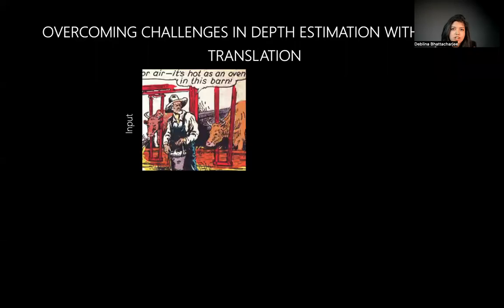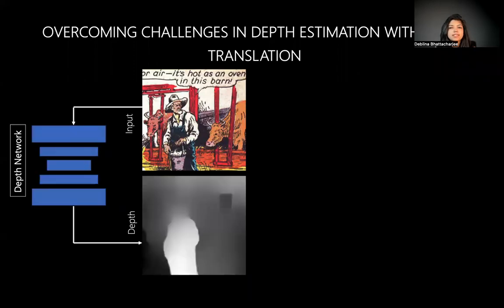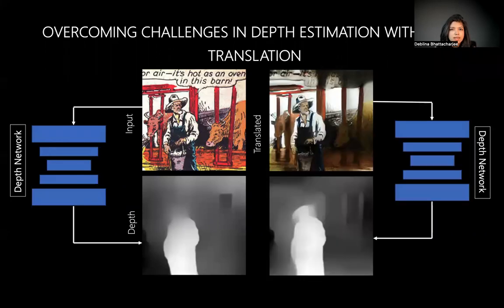Therefore, as shown here, we are able to fairly overcome the challenges in depth estimation with the employed image translation method. If we closely look at the regions within the red boxes in the left and right depth maps, we see that the depth estimation benefits from image translation.